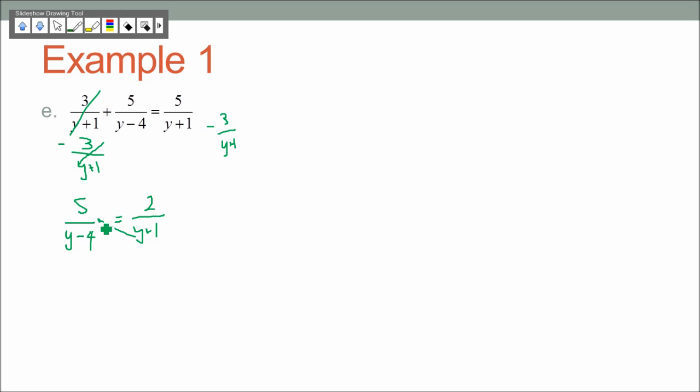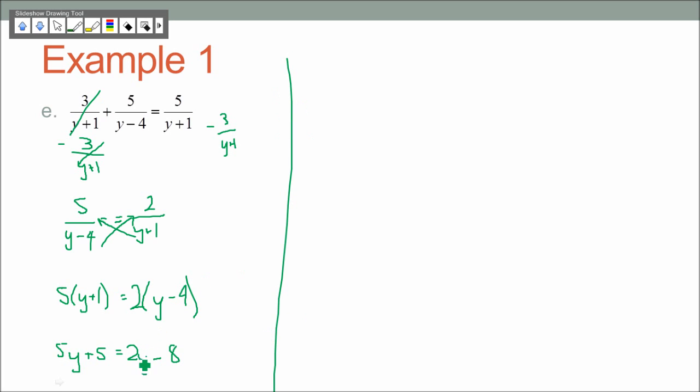So cross multiplying here and across here like so will give us a question of 5 times y plus 1, and that will equal 2 bracket y minus 4. Now we'll expand the brackets. 5y plus 5 equals 2y minus 8. Now, like all the questions, we've ended up with an equation with pronumerals on both sides.